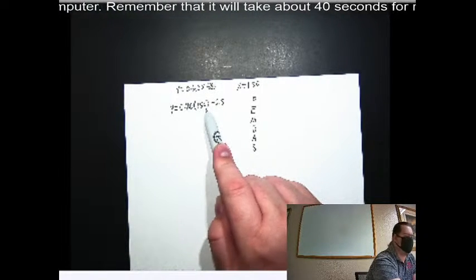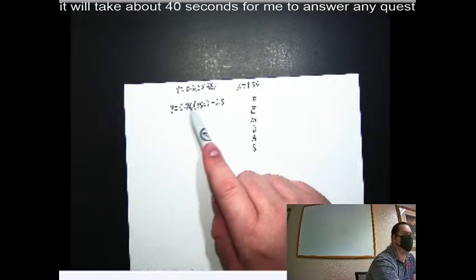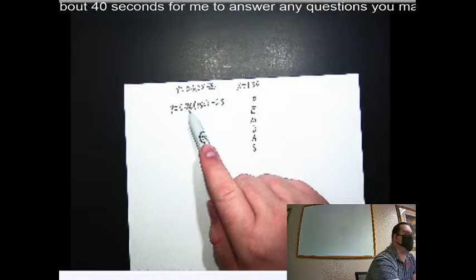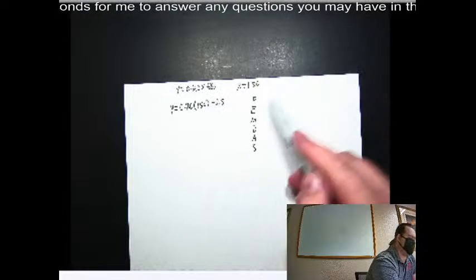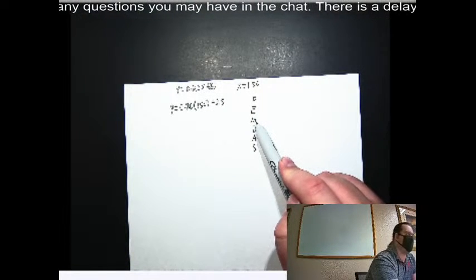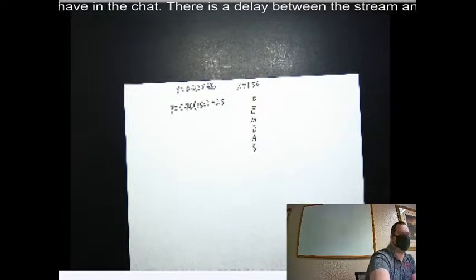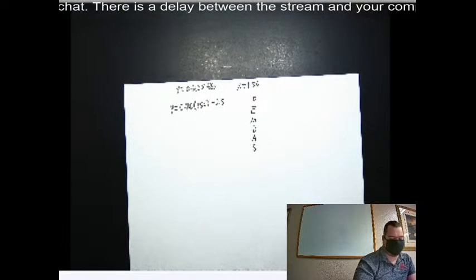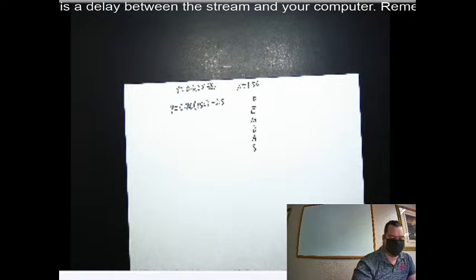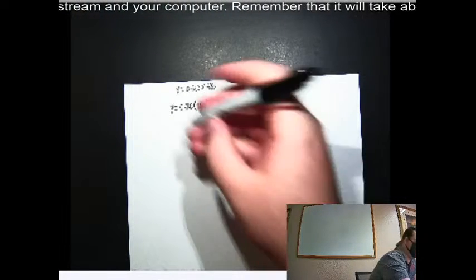It's just a single value, so we'll skip that. Exponents. I don't have any exponents. There's no squared or cubed or anything like that, so we'll skip it. Multiply. We definitely have multiply going on. We have 0.2 times 150, so let's go ahead and figure out what that is. I've got my calculator here. 0.2 times 150 is 30.